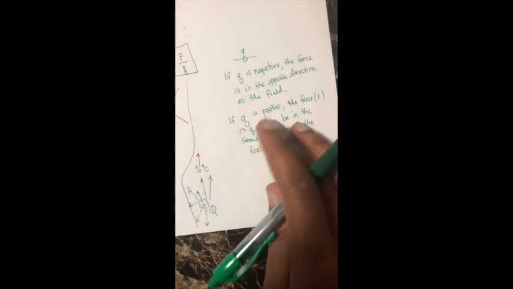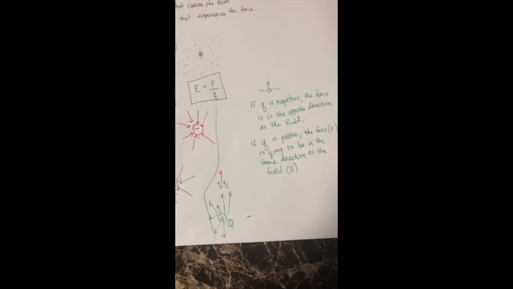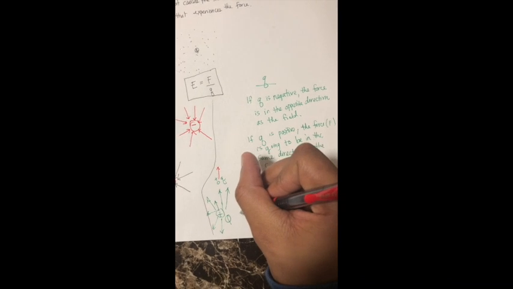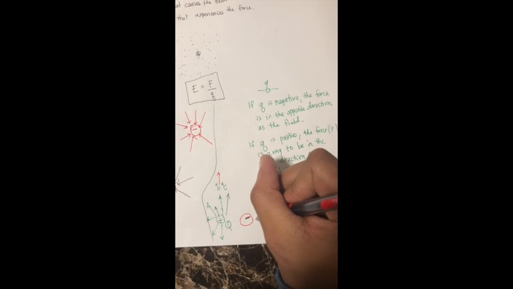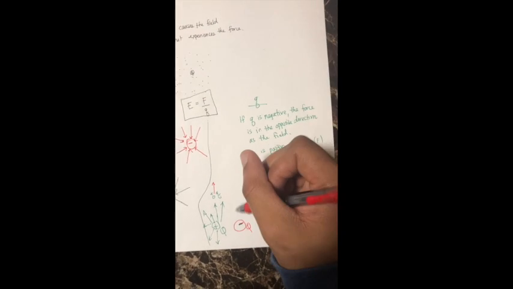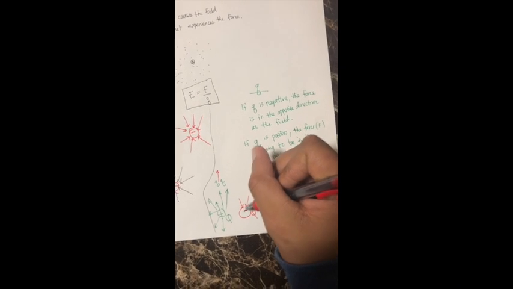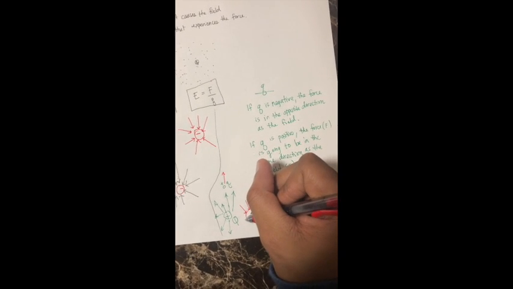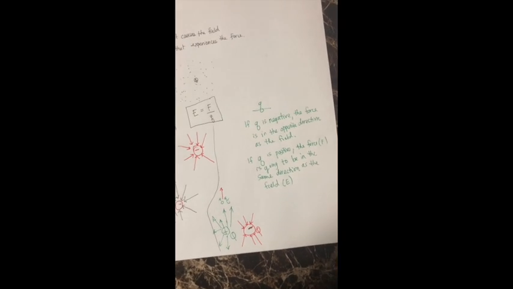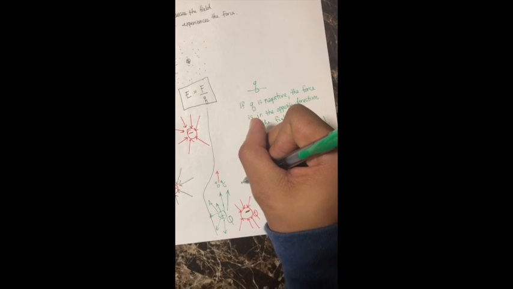Now, if I have a negative charge, big Q, we know that for negative, the field points in. And I put a positive Q in this field.